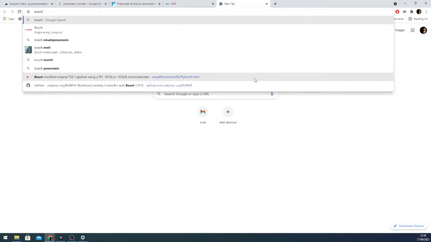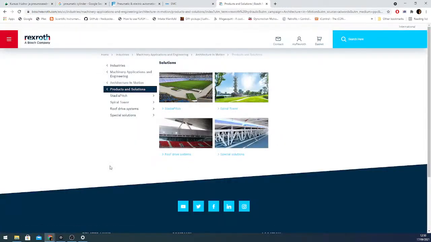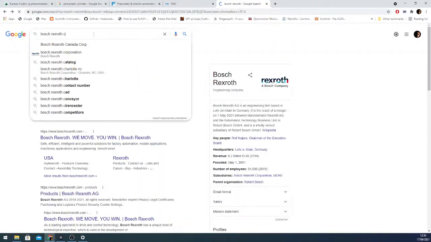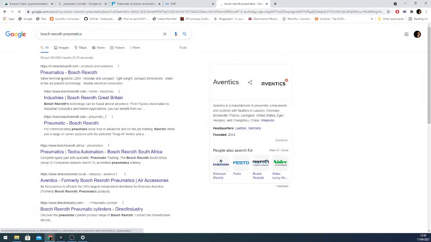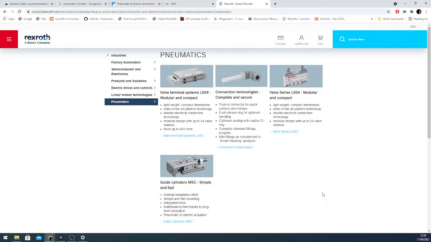Also, Bosch Rexroth is a common option. Seen those a lot, but Bosch Rexroth pneumatics, for example. I hope we can find it there. Yeah, pneumatics. Bosch Rexroth is also common, but of course there's a lot of other manufacturers that provide hydraulic and pneumatic equipment.